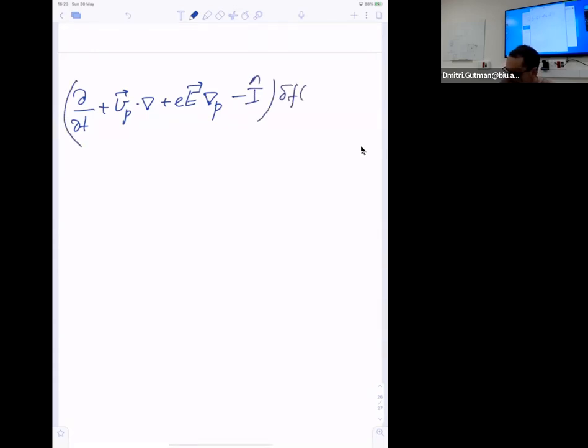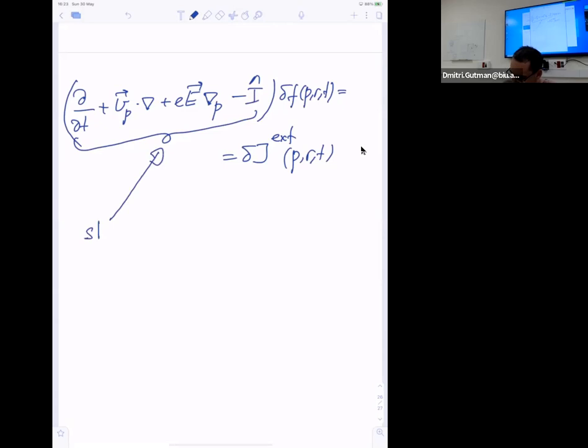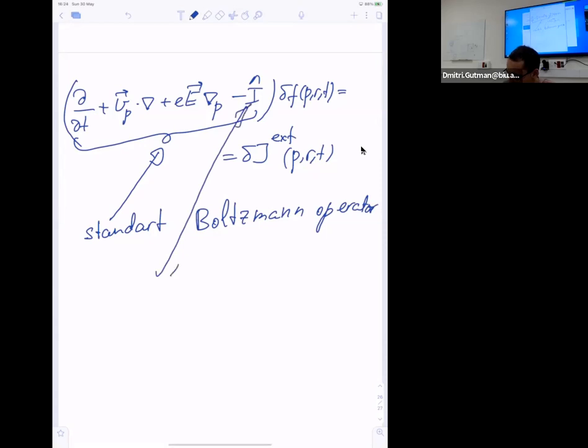This acts on delta f of P, R, and t, and this is equal to delta J external of P, R, and t. Here I remind you, this object is a standard Boltzmann operator, a linearized collision integral.